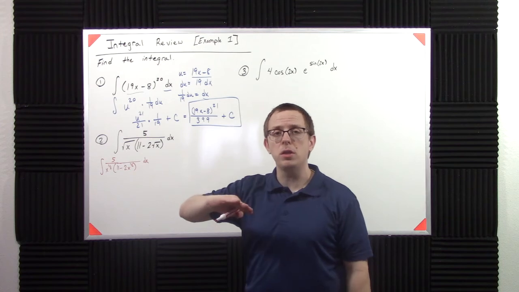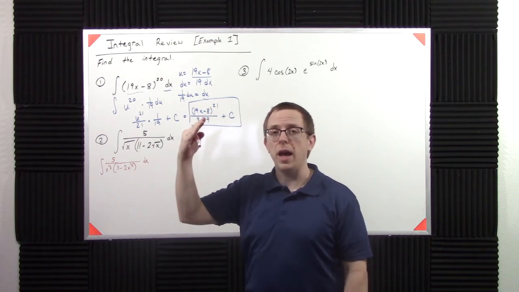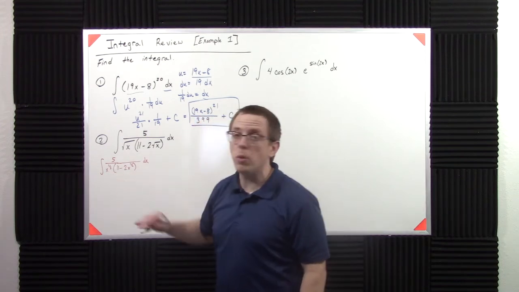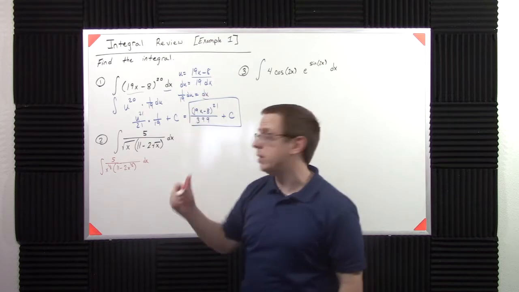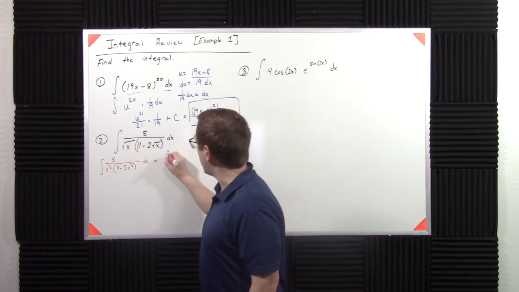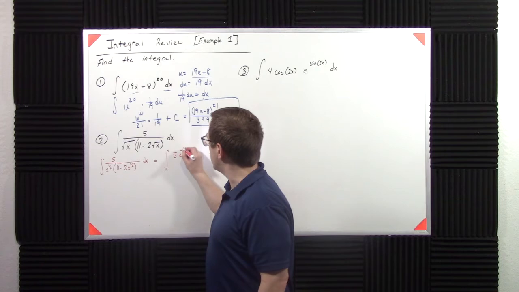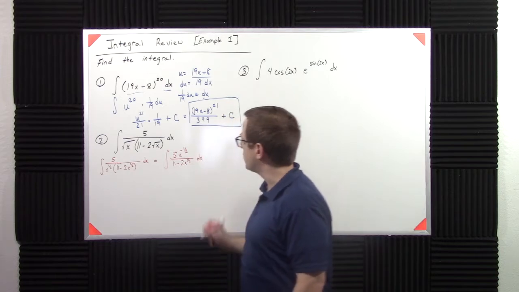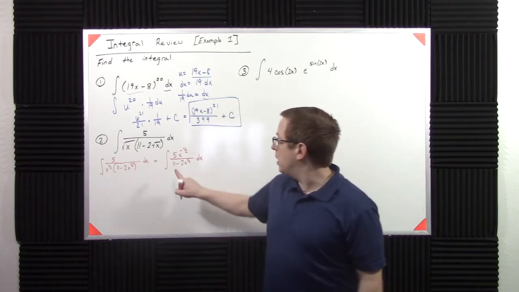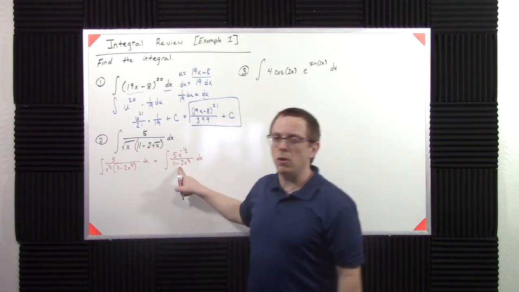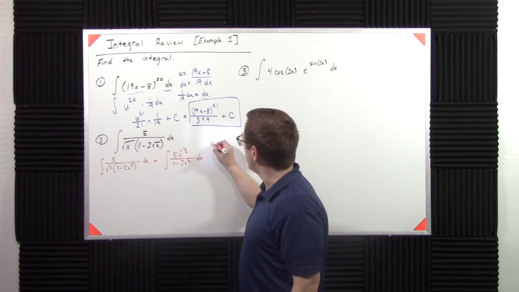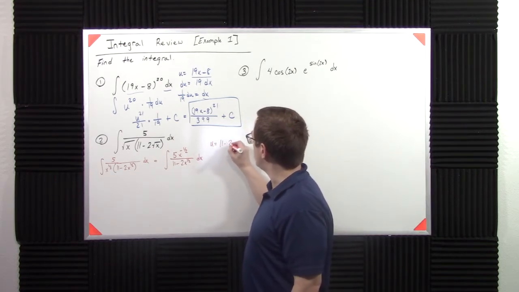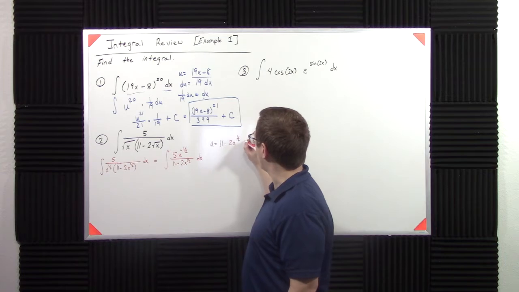A positive exponent in the denominator is going to be a negative exponent in the numerator. So I'm going to have 5x to the negative 1/2 over (11 minus 2x to the 1/2) dx. What this allows me to do is take u as my denominator here. So u is 11 minus 2x to the 1/2 power.